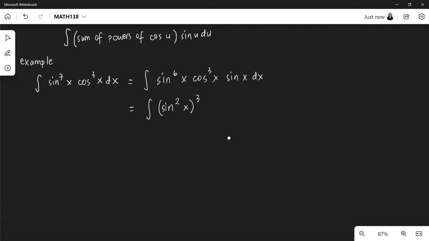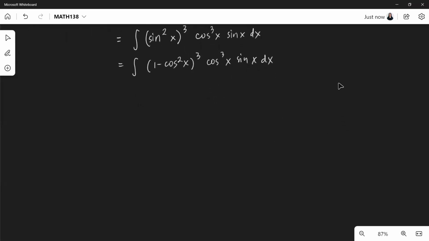Power of a power rule: multiply the two powers, so 2 times 3 is 6. Then just copy the cosine function and the sine x dx. Using the Pythagorean identity, write this as 1 minus cosine squared x, raised to the power of 3, then cosine cubed, and then sine x dx.